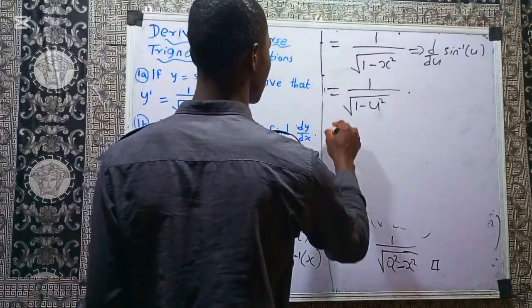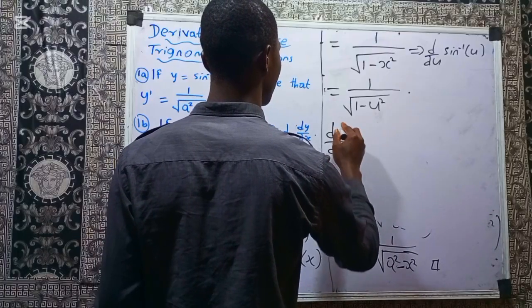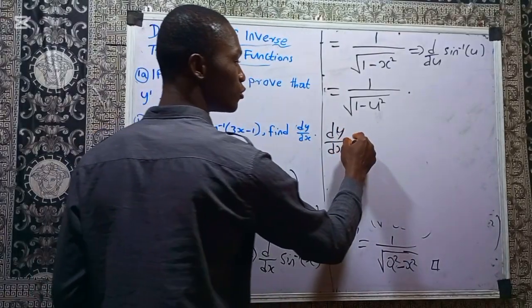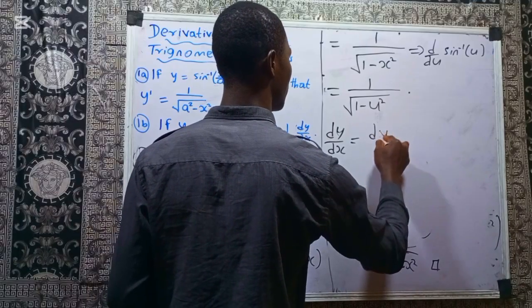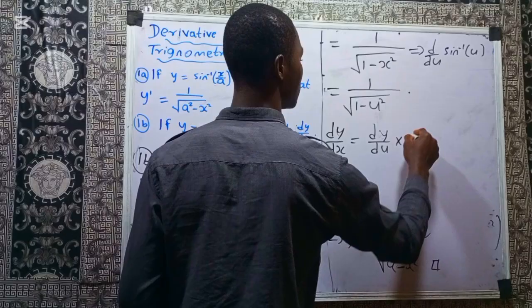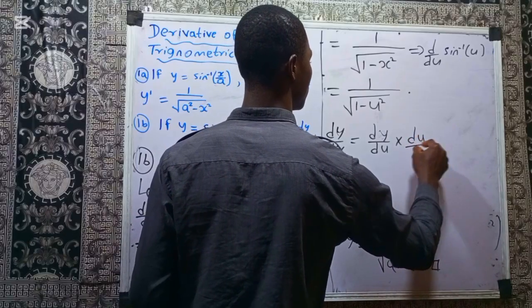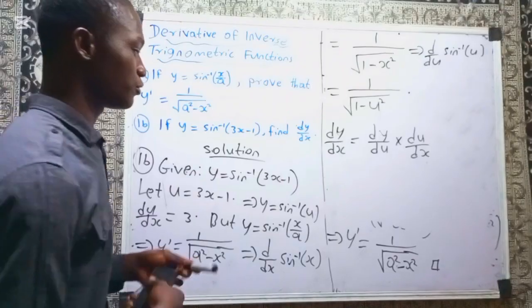Now dy dx, from chain rule, we know is equal to dy du multiplied by du dx. This is what we know from chain rule.